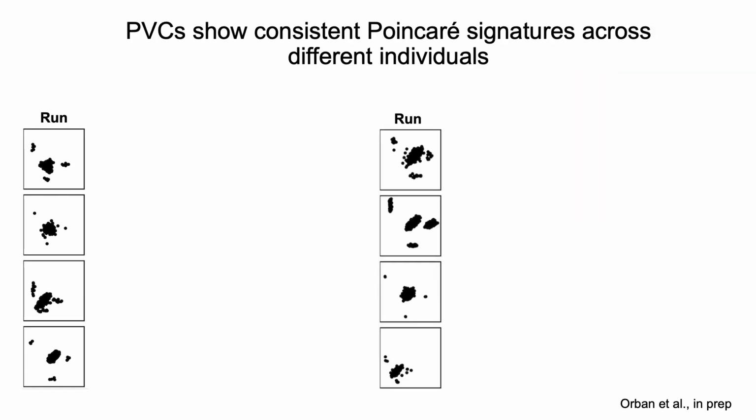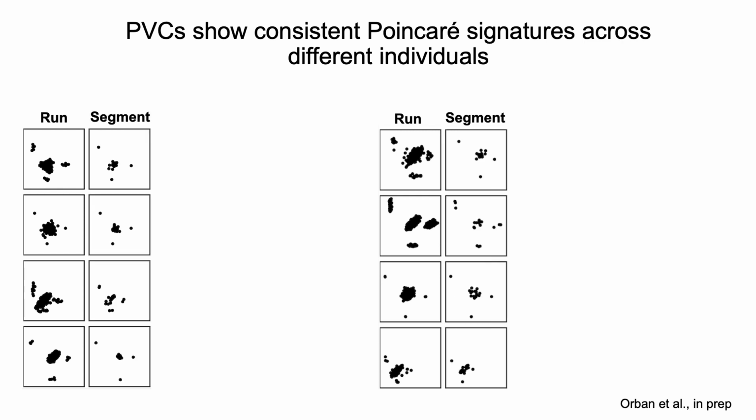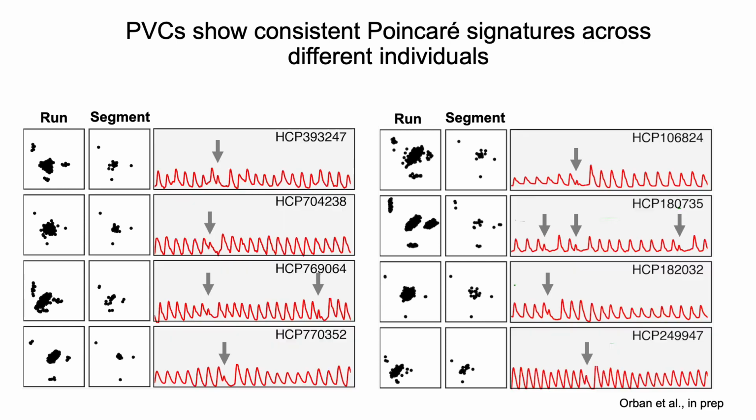Looking through the entire trove of HCP physiological data, we identified many resting state fMRI runs with triple lobe Poincare patterns. Here are plots of 8 runs taken from 8 different participants with the same triple lobe pattern. These patterns became even more clear when computed from a shorter segment of data due to the reduction of baseline drift in heart rate.